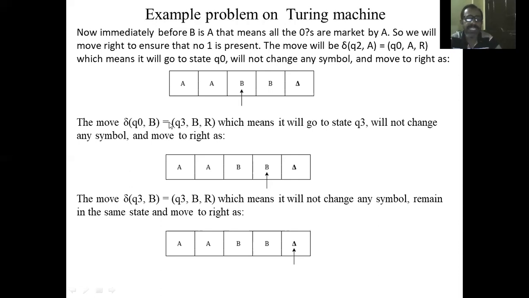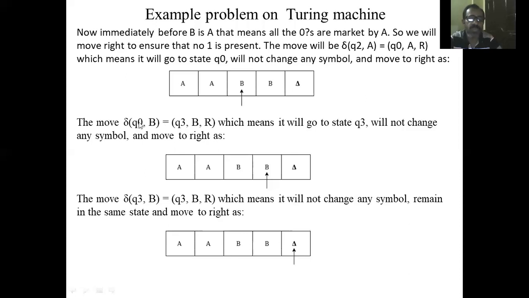Then immediately change the state, because we cannot take Q1 here. Q1 is specially used for skipping all zeros and all B's and replacing capital 1 with B. And Q2 is used for coming back by skipping all B's and all zeros until reaching capital A from the right. Okay? Every state has its own specific operation purpose here.